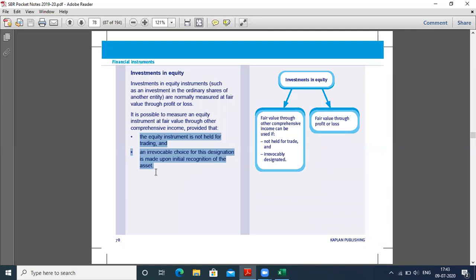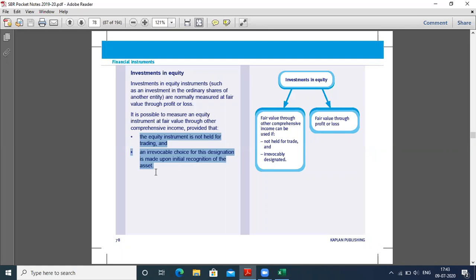It means that if the company is in non-trading business, and second important thing is if there is no option to the holder to redeem it after a specific period of time, in that case we can show it in the fair value through other comprehensive income.